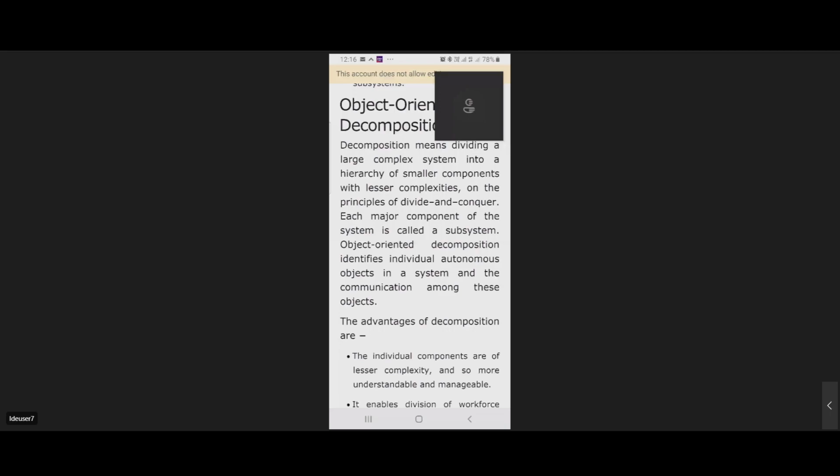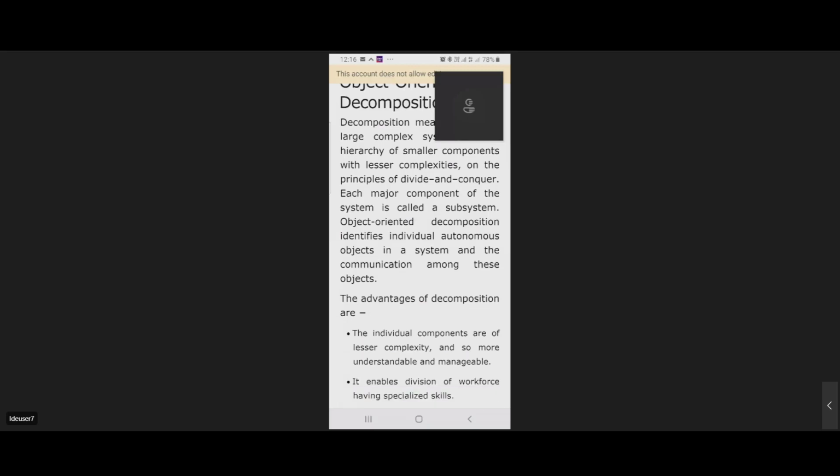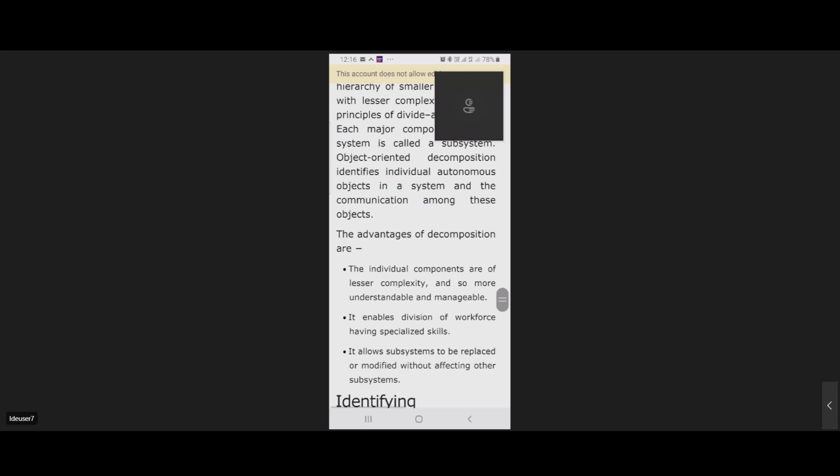Each major component of the system is called a subsystem. In the design of algorithms, they are called subproblems. In object-oriented decomposition, we identify individual autonomous objects in a system and the communication among these objects. What are the main advantages of decomposition? The individual components are of lesser complexity and so more understandable and manageable.